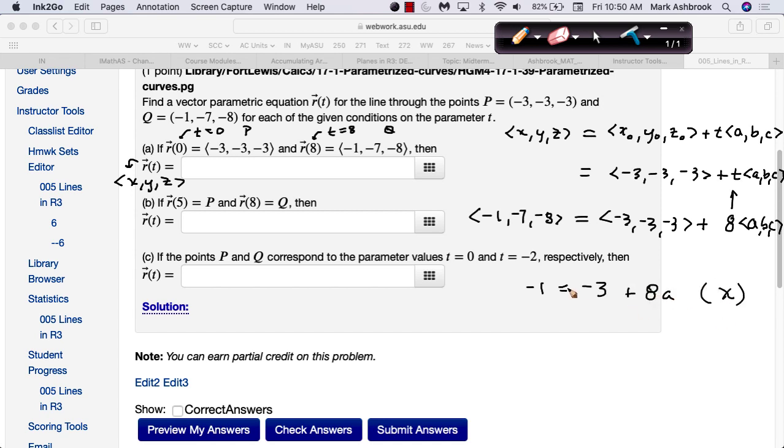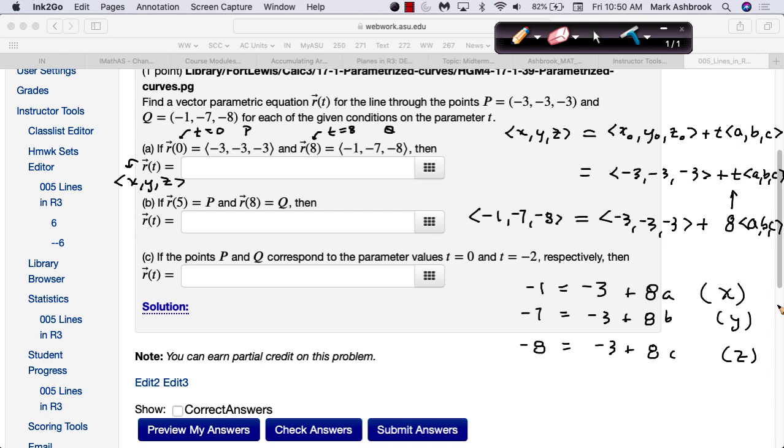Okay. And then -7 equals -3 plus 8B, and that's for the y component. And then -8 is going to equal -3 plus 8C. And that's for the z component of the direction vector. So then those are easy to solve for A, B, and C, and that will determine what A, B, and C are.